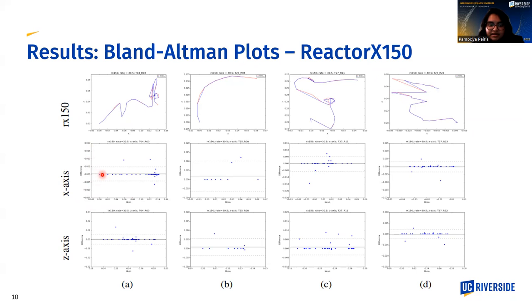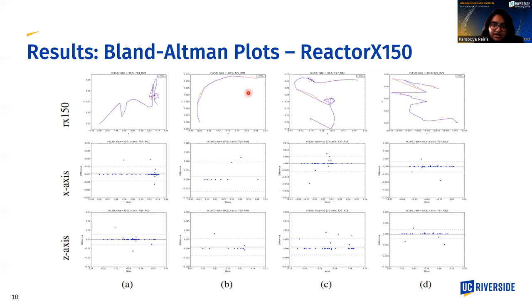If you look at A, C, and D, you can see there's a higher correlation on the points. But that does not mean it's always good, because in A and B, closer to the end, the trajectory doesn't end well.